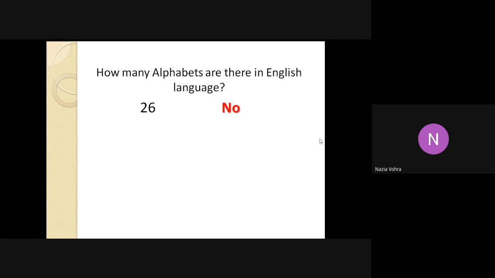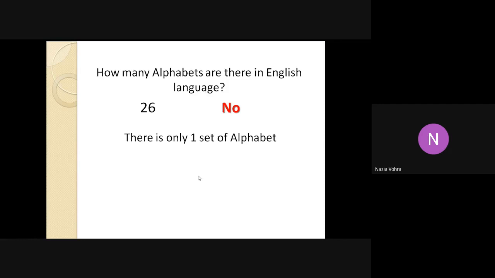But then these 26 is a no answer. Why do we say that it is a no? Any idea? No, ma'am. Okay. First of all, A, B, C, D is nothing but they are called letters and we only have one set of alphabet. How many? Only one set.